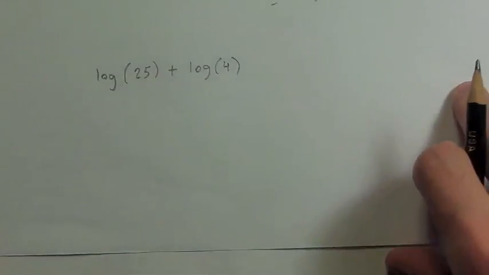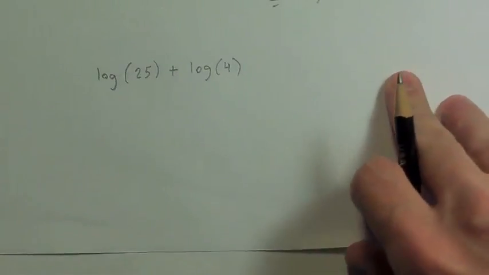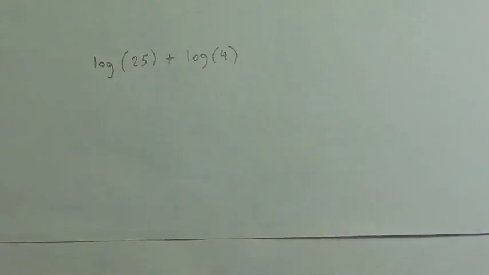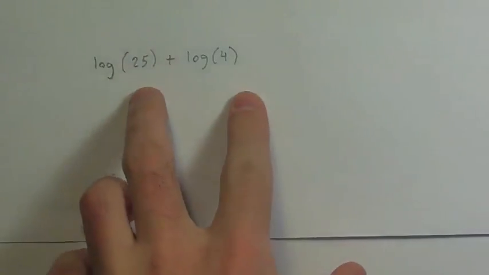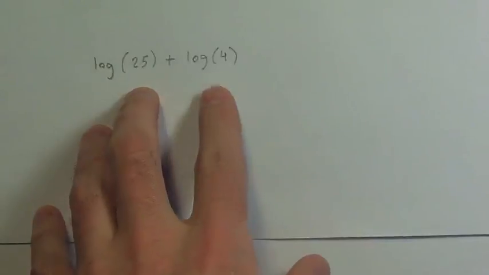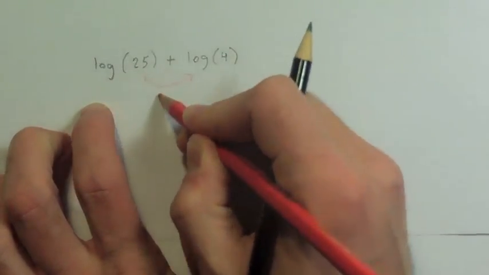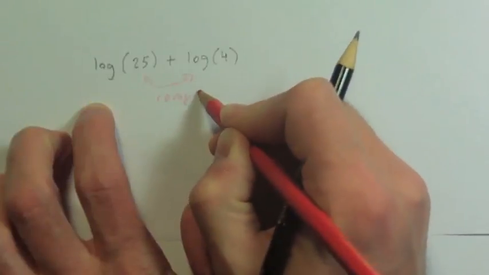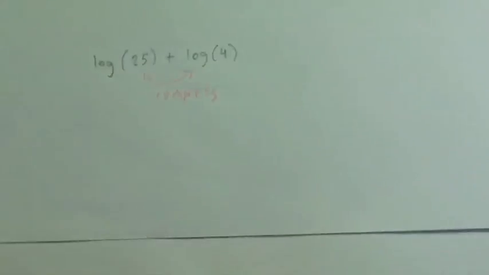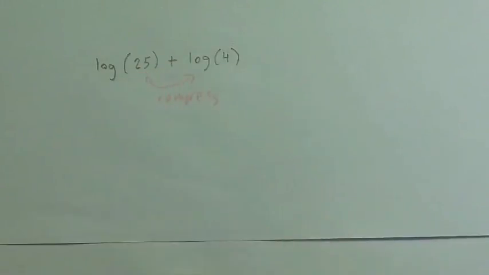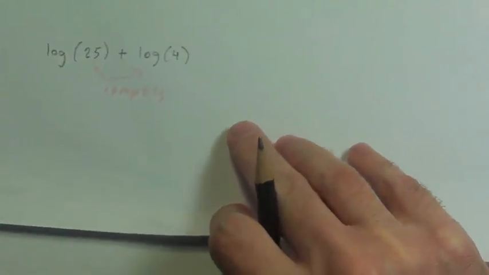Okay, so here's an example. Say we have log of 25 plus log of 4. If I want to compress this into a single log, remember, with a plus that becomes multiplication.